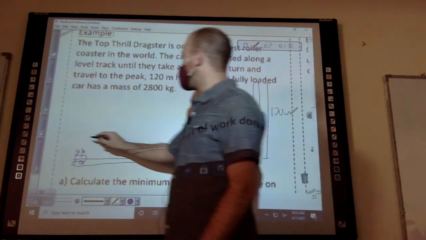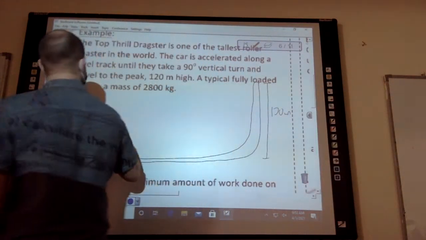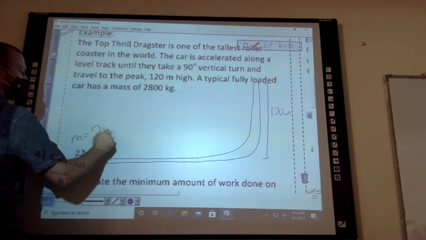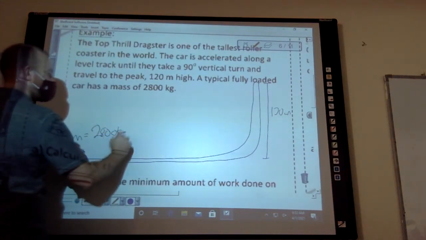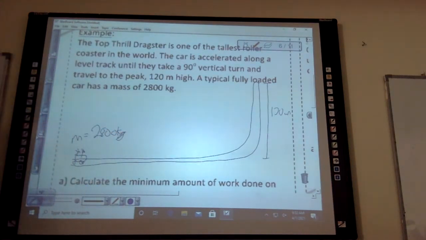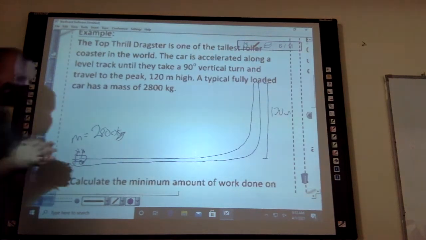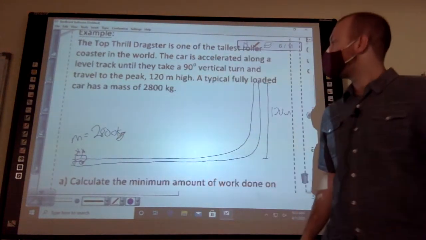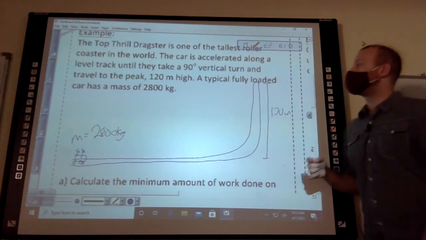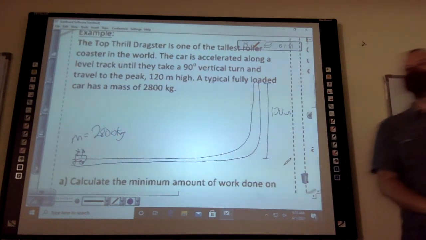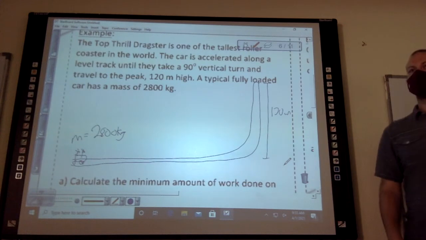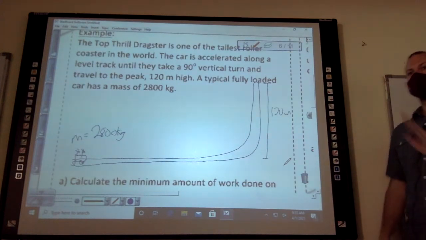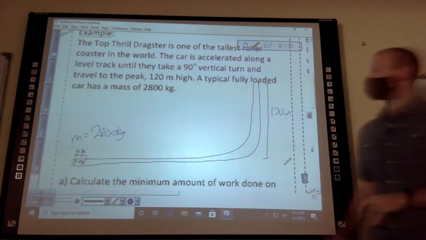We know the mass of the car here is 2,800 kilograms. What else? We'll start with that. So this is our scenario. Not instantaneously, not like this and then like this, but they're going from this, turning to go 90 degrees.